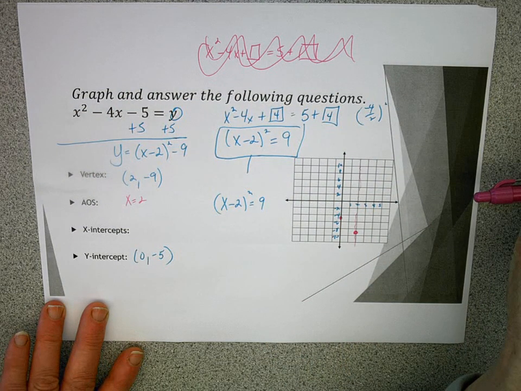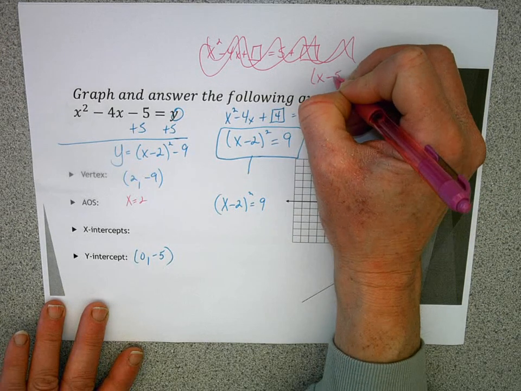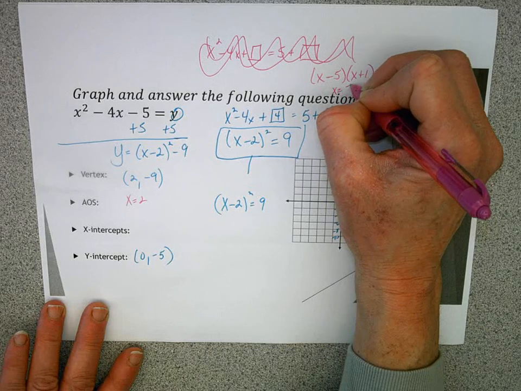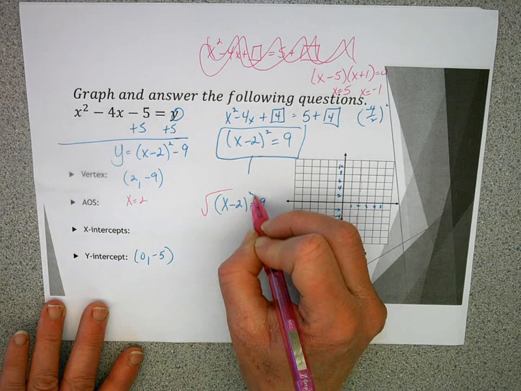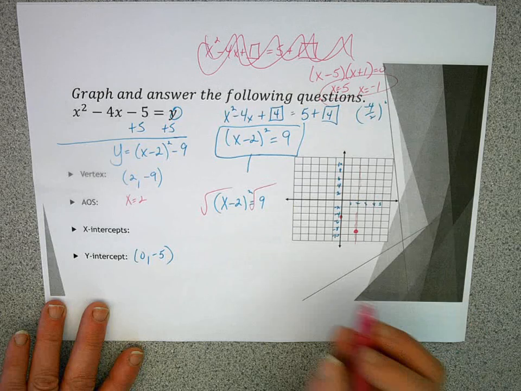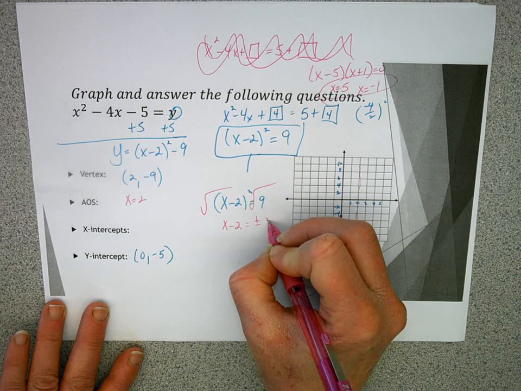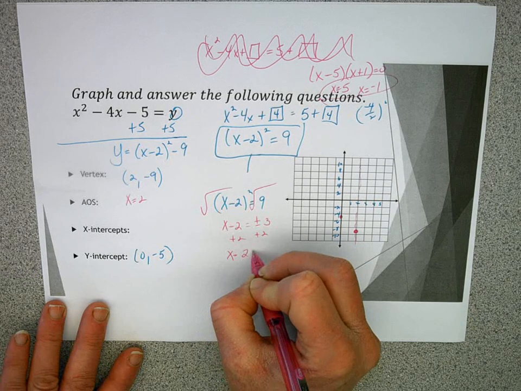Sorry. So if you want to factor this into (x minus 5)(x plus 1), you would also get your x-intercepts. But I'm going to solve by square rooting. And we'll see we get the same x-intercepts. So x minus 2 equals plus or minus 3. Add 2. So you get x equals 2 plus 3, which is 5.